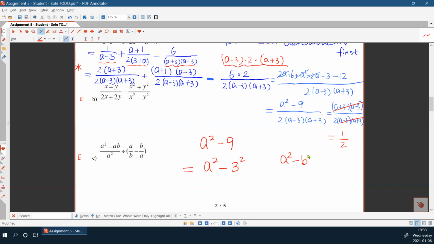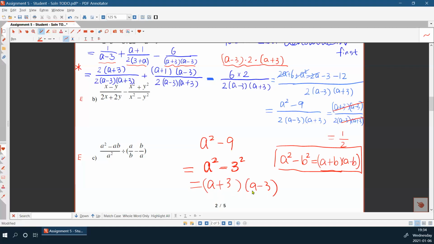A squared minus b squared is a plus b times a minus b. Okay, you know this formula, right? So here, a squared minus 3 squared, 3 is the b, right? So this one equals a plus 3 times a minus 3.